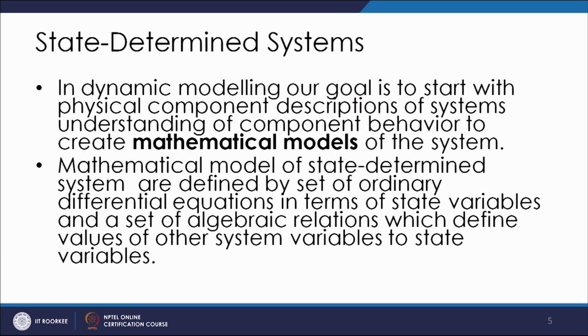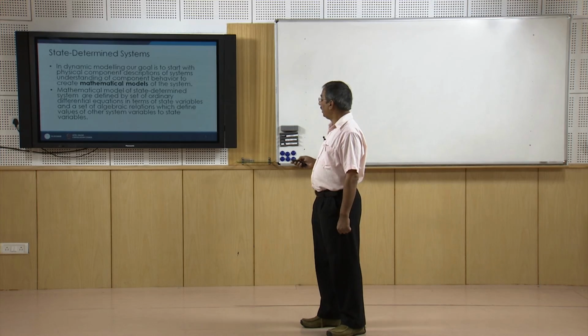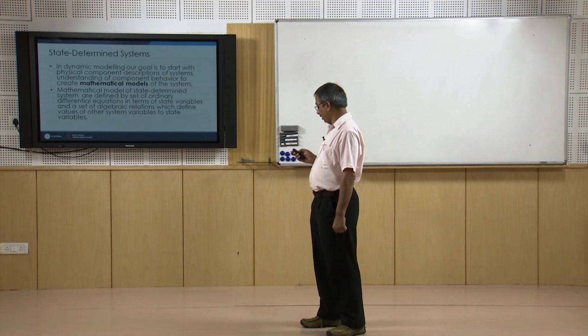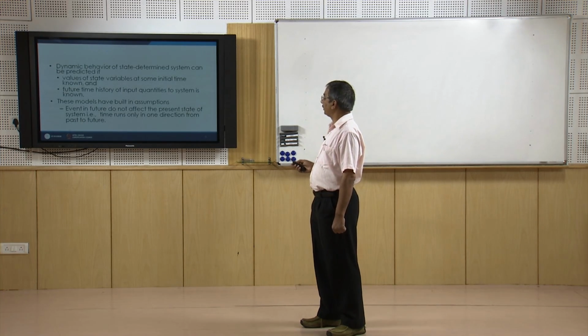The mathematical model of state determined systems is defined by a set of ordinary differential equations in terms of state variables and a set of algebraic relations which define the values of other variables in terms of the state variables. This is how state space equations are represented.